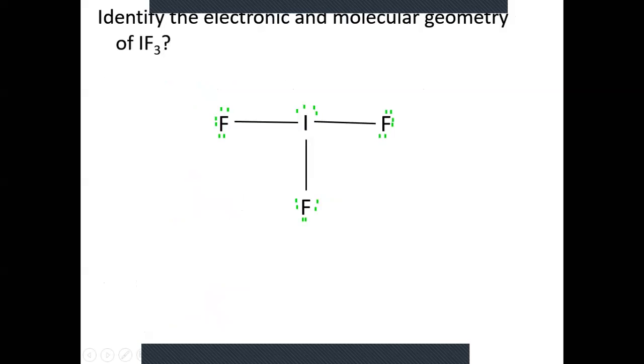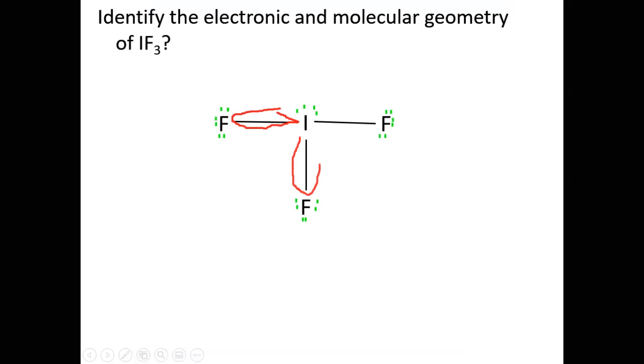So here we want to identify the electronic and molecular geometry of IF3. This is the Lewis structure of IF3. So for electronic geometry, it has 1, 2, 3, 4, 5 electron pairs.